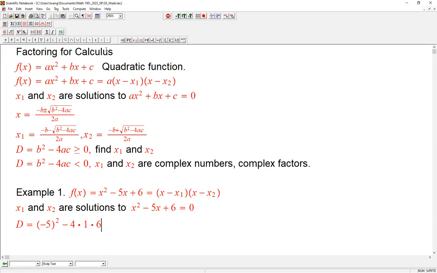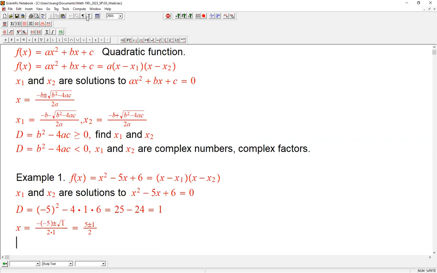And 25 minus 24 equals 1. And there we go, we got our solutions. B is -5, a is +1, and b squared minus 4ac is 1. The square root of 1 is 1, right? So we got 5 plus minus 1 divided by 2.